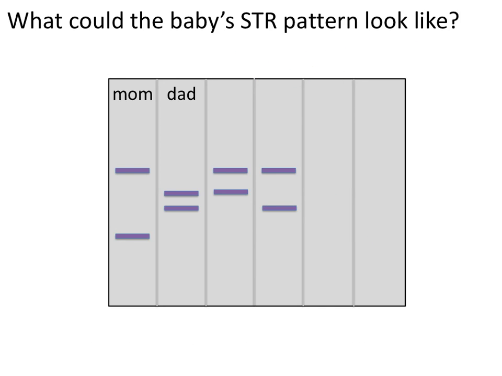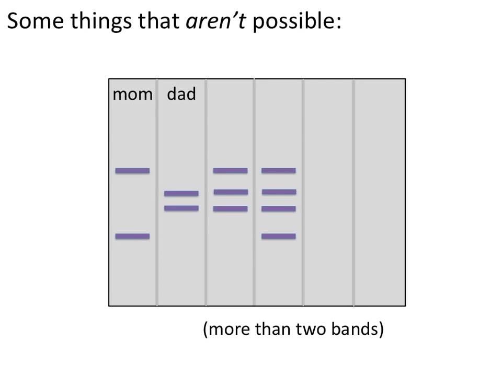So, again, mom and dad and mom and dad from this upper one, right? And then the same thing that we just did. Now, there are certain things that are not possible.